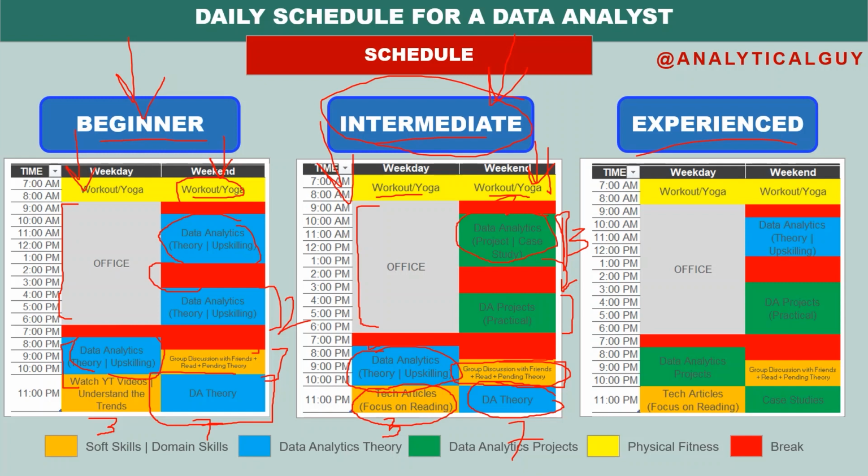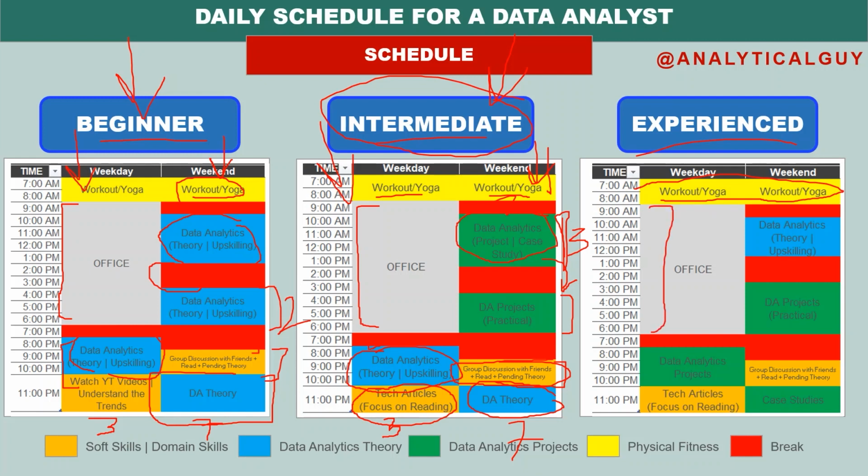Right. If you are an experienced guy, if you have experience of, let's say, 4 or 5 years, and you know the foundation of data analytics, data engineering, then how to proceed, how much time should you spend, right? Again, it should start with your workout or yoga or physical activity. Then you have office from 9 to 6.